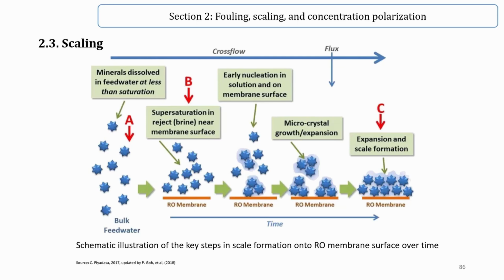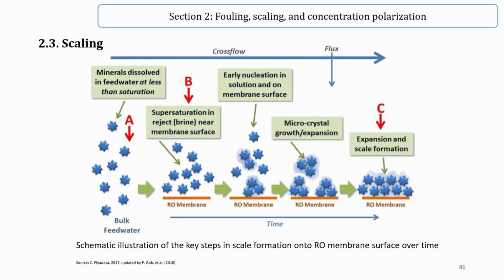Upon the nucleation and formation of microcrystals that grow over time, the membrane surface is deposited with the mineral scales that damage the selective layer and deteriorate the water transport. In addition to the kinetics of crystallization and precipitation, the membrane morphology and process conditions also play very critical roles in dictating the severity of scaling.